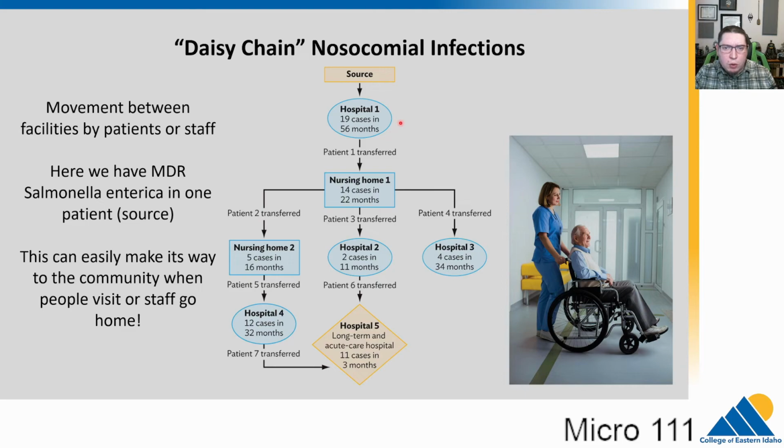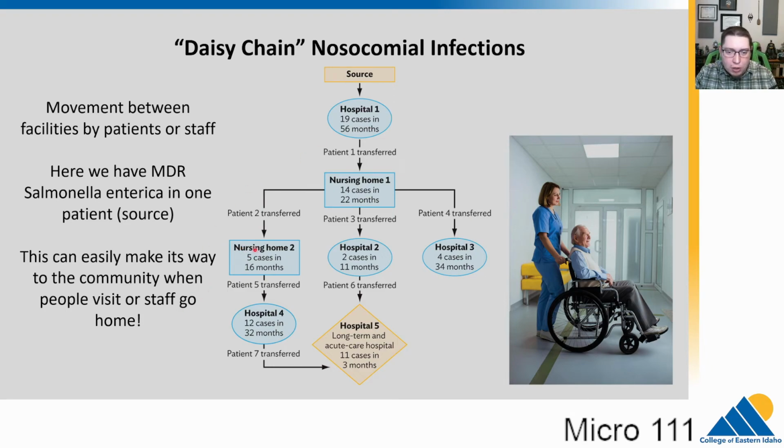So in this hospital, we had 19 cases of a disease in 56 months. This is probably a long ongoing disease. We take a patient, they get transferred to a nursing home, and then we have an outbreak of 14 cases there in 22 months. Here we have different patients, number 2, number 3, and number 4, all go to different locations. This one goes to a nursing home, this goes to a different hospital, this goes to an even different hospital.